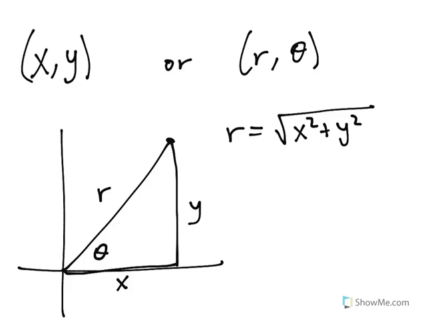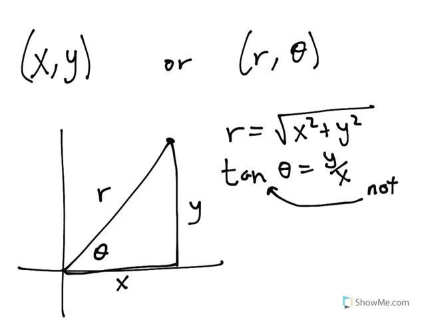So if you know x and y, then you can find r using the Pythagorean theorem like this. And if you know x and y, then you can find theta by using tangent of theta is equal to y over x. And notice, by the way, this is going to be important, this formula does not say the inverse tangent.